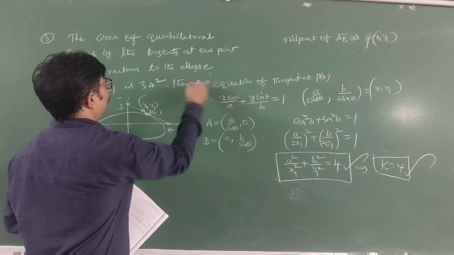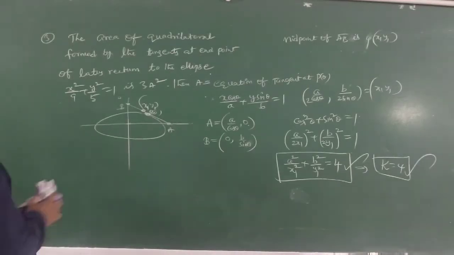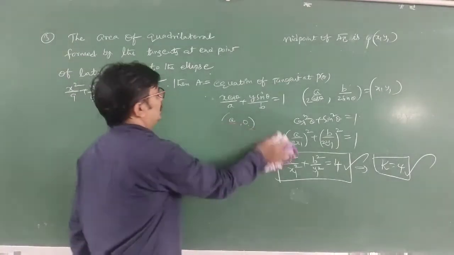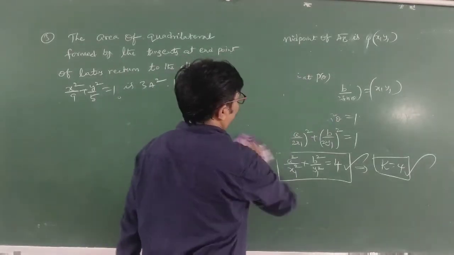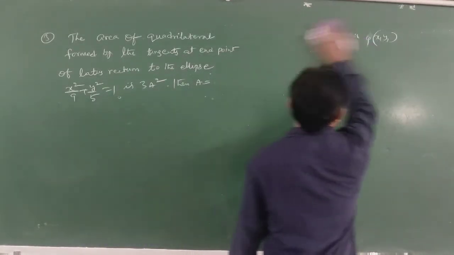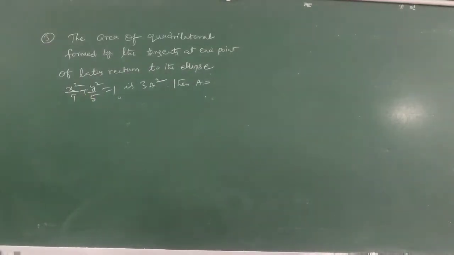Then the value of a. Dear students, the area of the quadrilateral formed by the tangents at the endpoints of the latus rectum is given by 3a square. Is it clear? The area of the quadrilateral formed by the tangents at the endpoints of the latus rectum of the ellipse is 3a square.